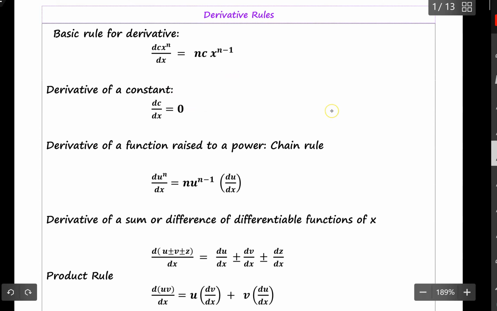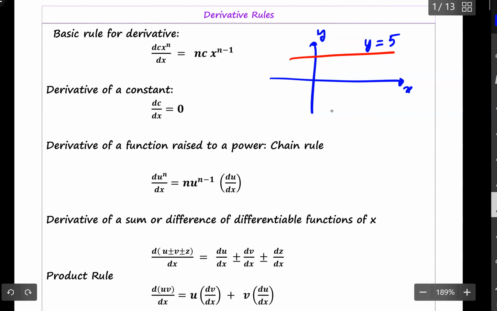Just like thinking of the derivative of a line, actually not the tangent line, but a line parallel to the x-axis in this case. Okay, so this is y, this is x. So let's say y is equal to 5 in this case.